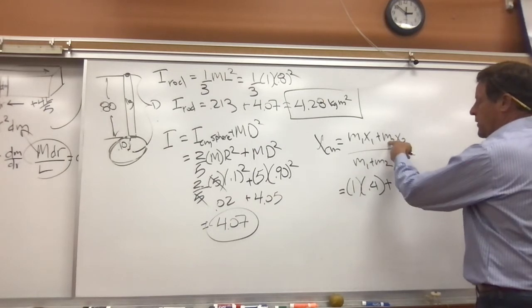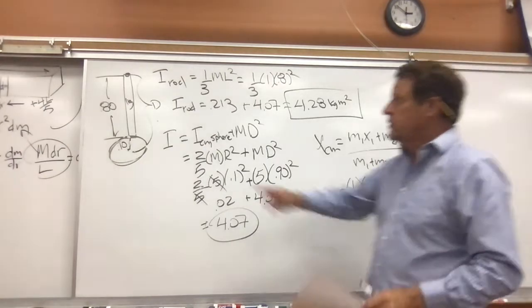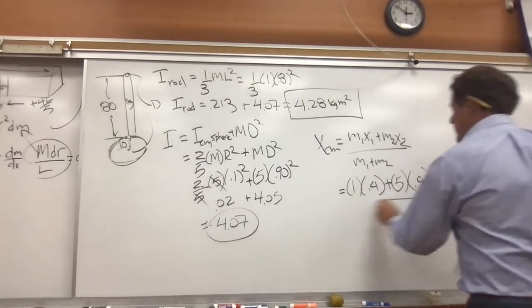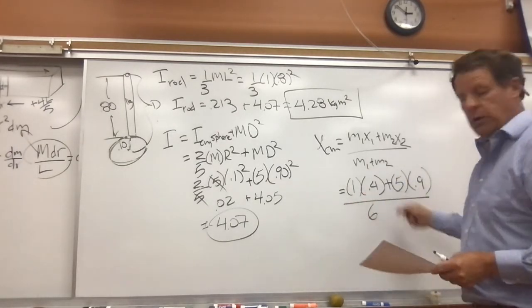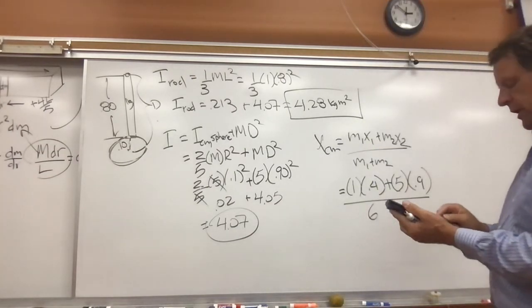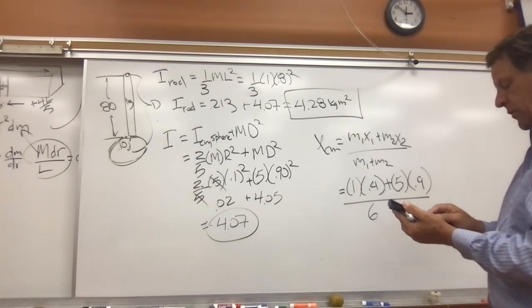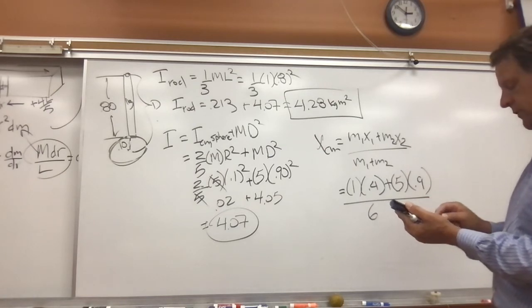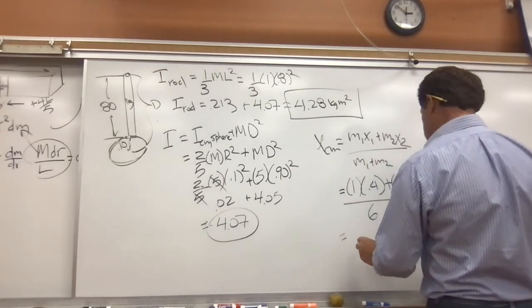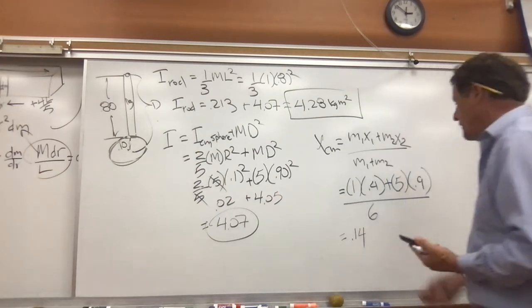Plus mass 2, which is 5, and the center of mass measured from up here is 0.9. And now we're going to divide that by our total mass, which is 1 plus 5. So we're going to have 0.4 plus 0.45, which is 0.85, divided by 6. And that is going to be 0.14. 0.14 would be the center of mass.